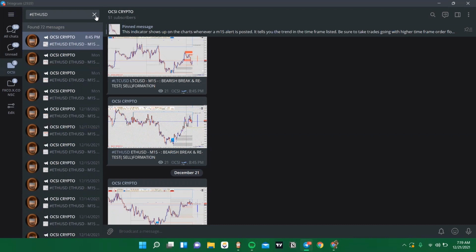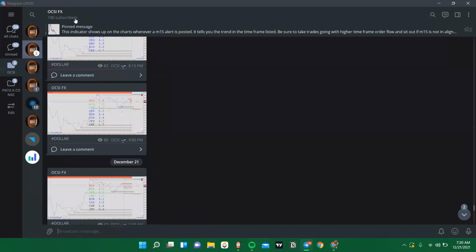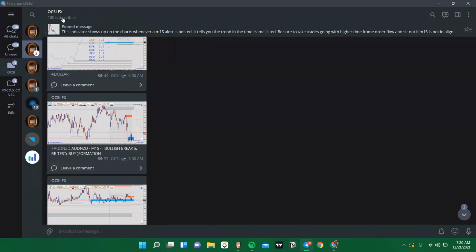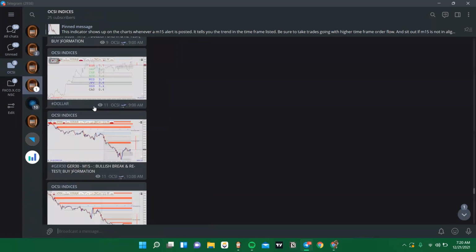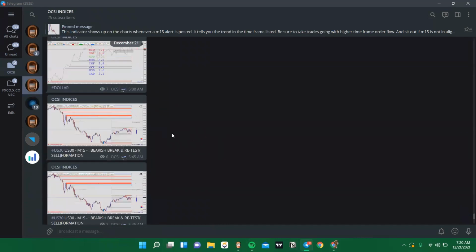So I trade the order block breaker concept on 15 minutes while knowing all the higher time frame supply zones and demand zones. So the same way you see Oxy sending out fire trades for the crypto scanner is the same way we have good trades coming from the FX scanner and the indices scanner, bro. It's on another level, literally on another level.